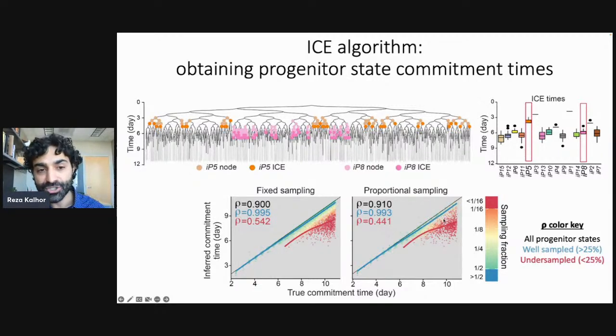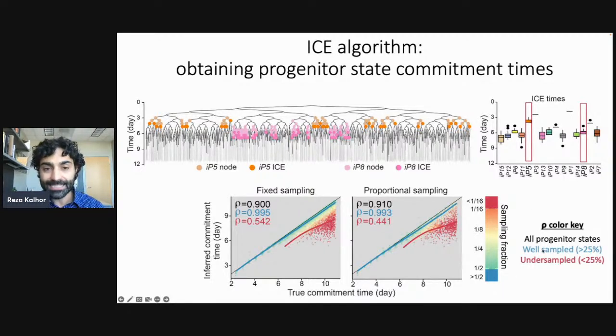You see the correlation is overall high, with the Spearman correlation shown in the black number. However, there are clearly two groups of progenitor states. Each dot corresponds to one progenitor state in our panel of 3,000. The algorithm performs a lot better for progenitor states shown in blue, which we call well-sampled according to this color key.